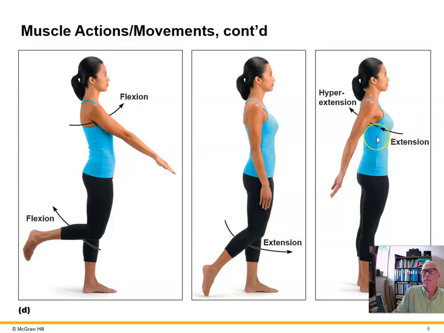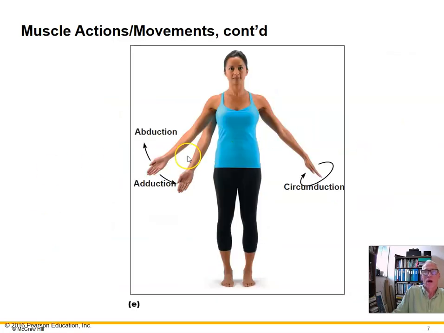Flexing the arm, moving anteriorly, extending the arm at the shoulder, moving posteriorly. Hyperextension. Once you pass this resting so-called anatomical position, it's hyperextension. Abduction, again, moving the limb away from the body's center line. Adduction, returning it. Circumduction is just a rotational movement. There are certain exercise applications that involve circumduction.